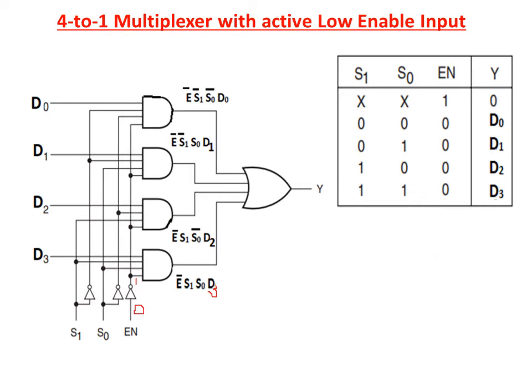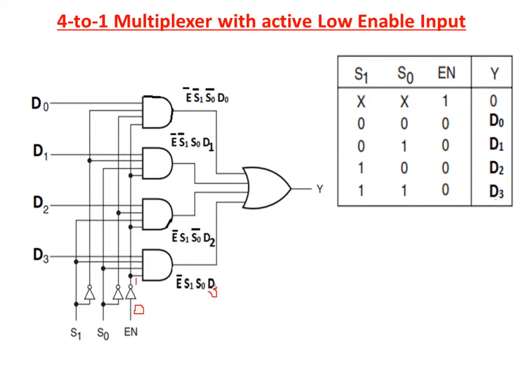4 to 1 multiplexer with active low enable input. Active low enable input means whenever the enable input is low, the multiplexer is activated, and when the enable input is high, the multiplexer is deactivated. So whatever the combination of selection lines available, the multiplexer output is 0 for the enable equal to 1 condition.